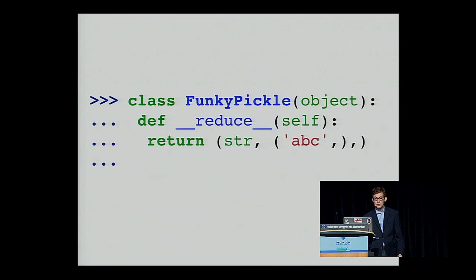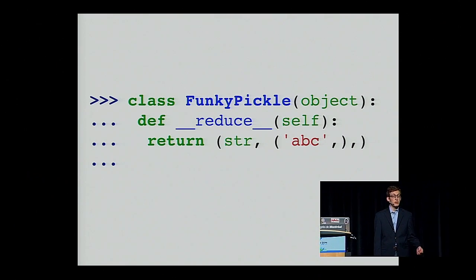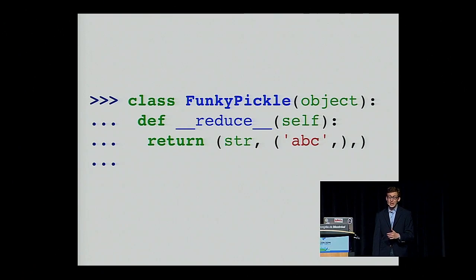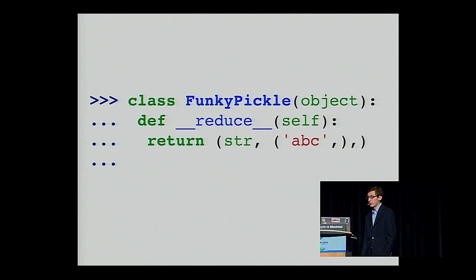What does it look like? In this case, we can see it returns a tuple that contains 2 items. The first item is this reconstructor function. In this case, I'm using str. The second item in the tuple is yet another tuple which contains all the arguments we want to call our reconstructor function with.